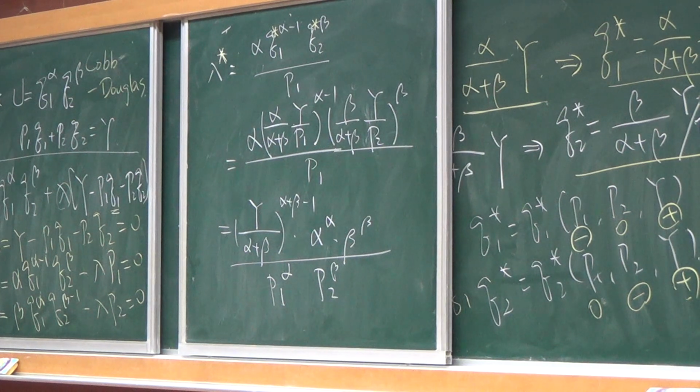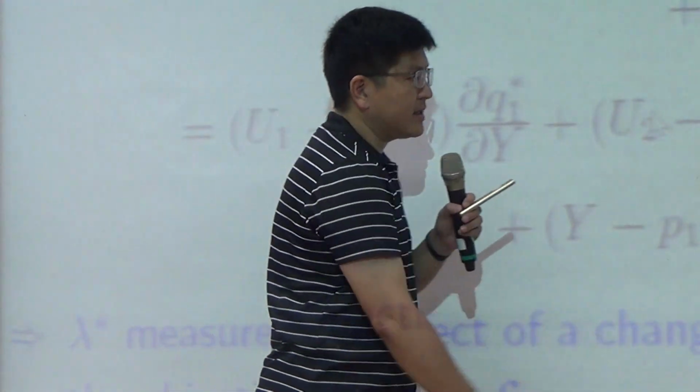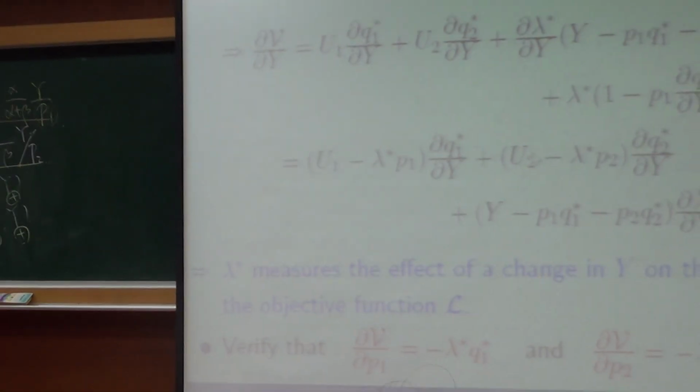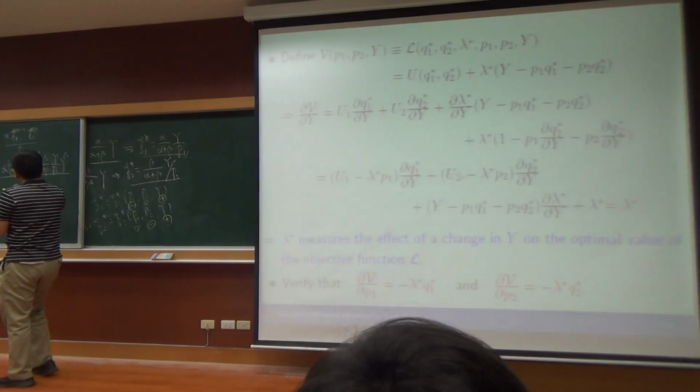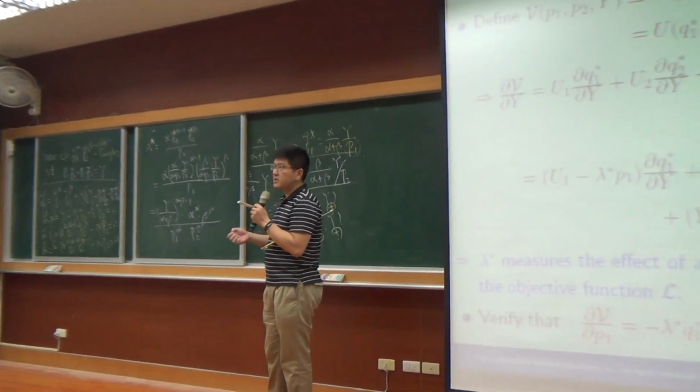Any question here? And lambda measures the effect of a change in y on the optimal value of the objective function, which means lambda here would be the marginal utility of y.